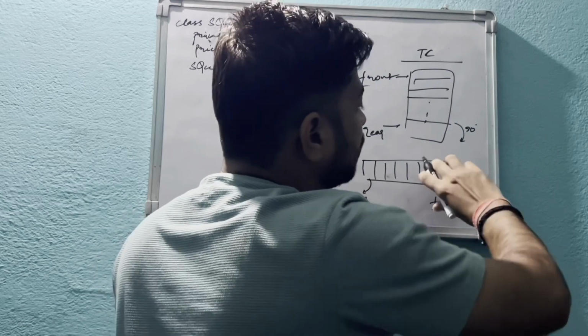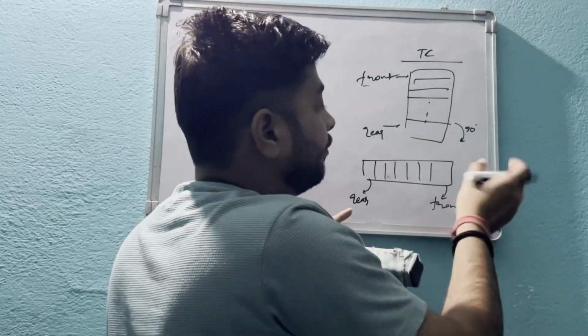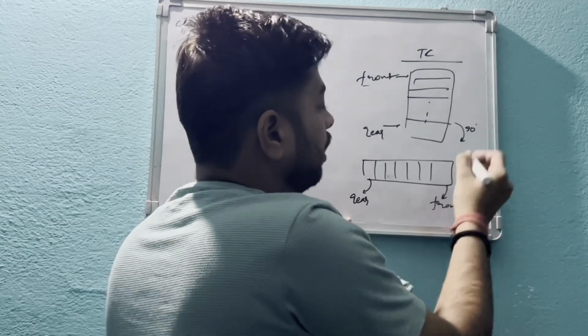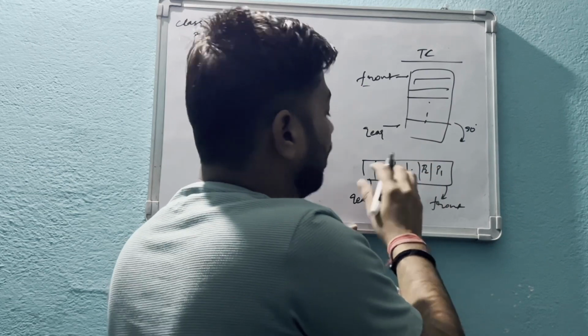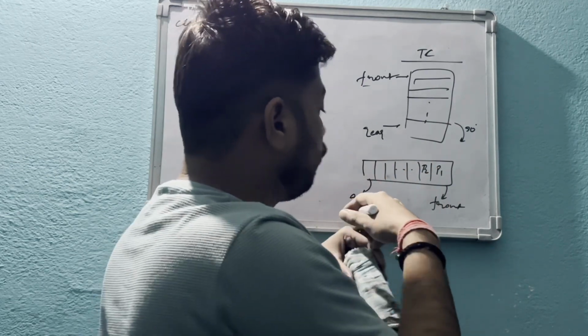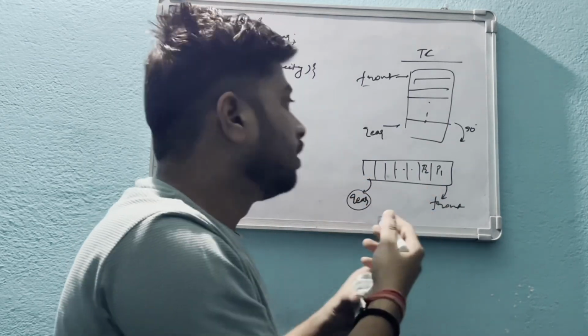So any person who already got into the queue, the very first person would be at the front, that is P1, P2. This way it will go, and the very last person who became part of the queue or the array is standing at the rear position.